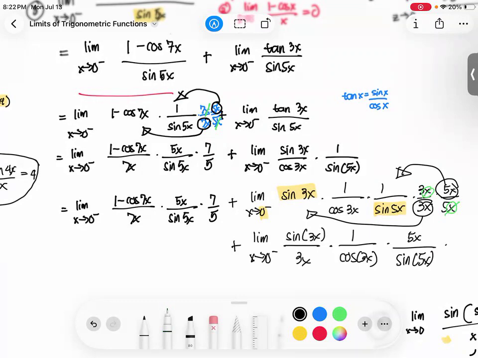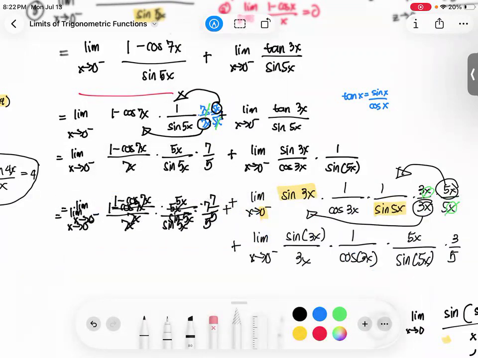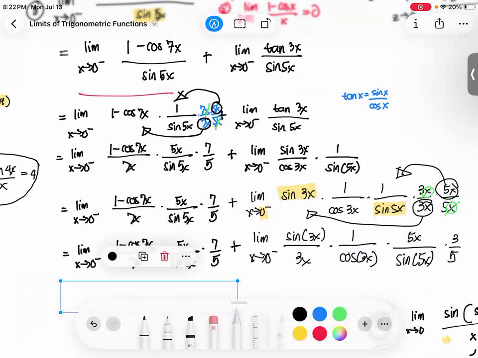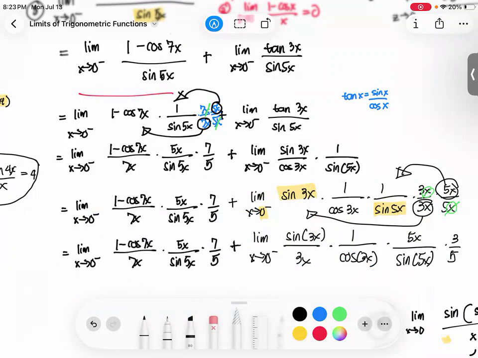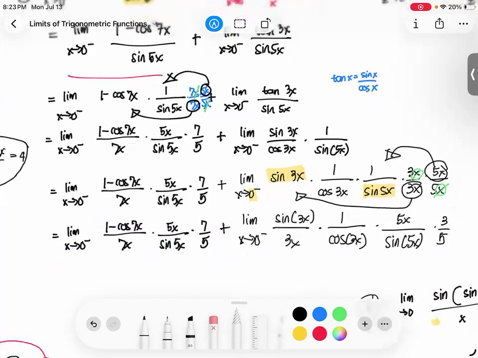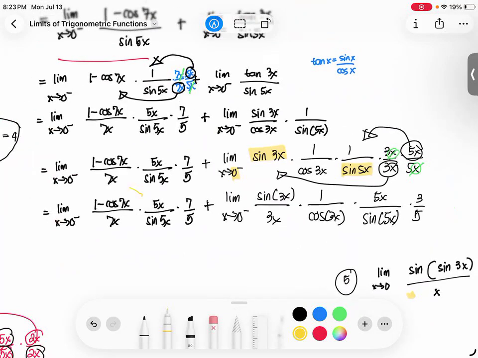Then let's copy this. Now we are in a position where we can apply the identities smoothly and without hesitation. So this is just 1 minus cosine of 7x over 7x as x approaches 0.